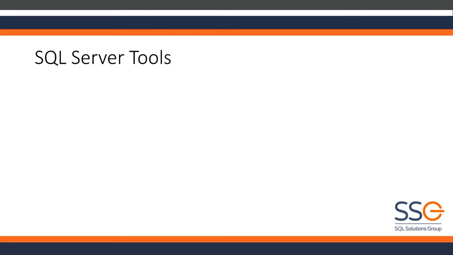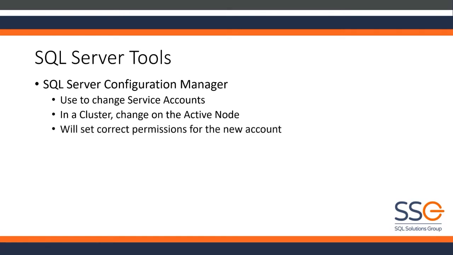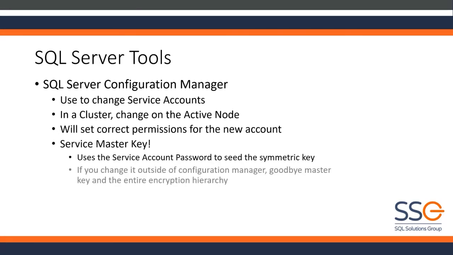Okay, SQL Server tools. SQL Server Configuration Manager we talked about. Always use this to change your service accounts. If you're in a cluster, change it on the active node, of course. It will set the correct permissions for the new account, and it will deal with the service master key. Then sys.dm_exec_connections.